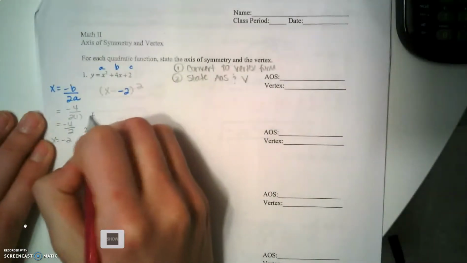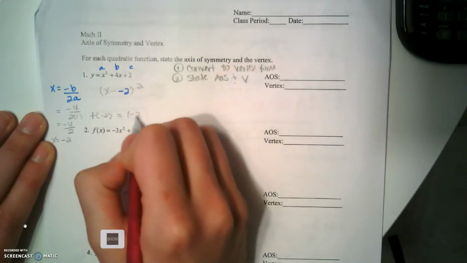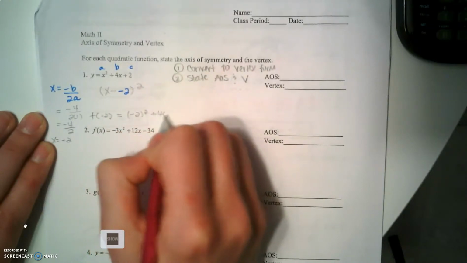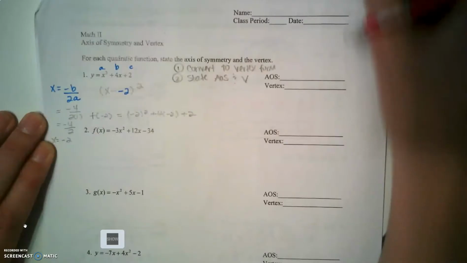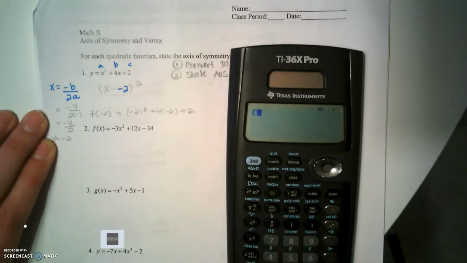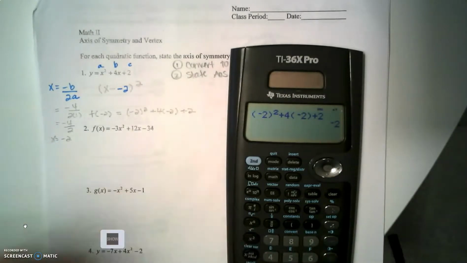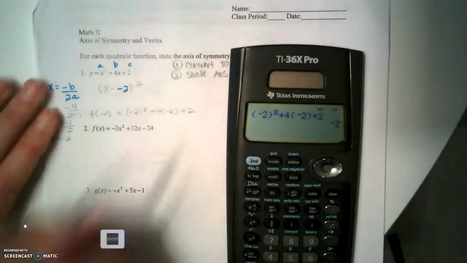We're going to have to find the y value of our vertex. I'm going to just quickly use my calculator for this because I don't have very much space to work. I'm going to get, so -2 squared plus 4. Okay. So that's also -2.